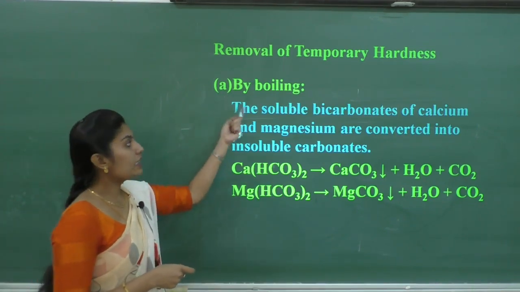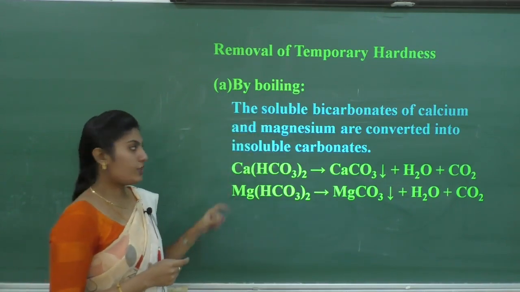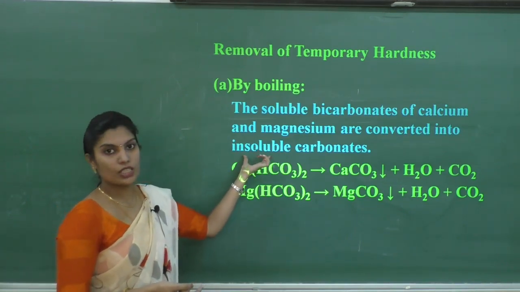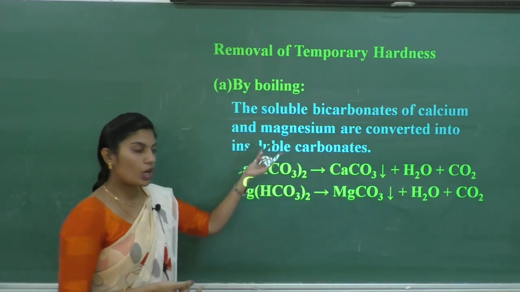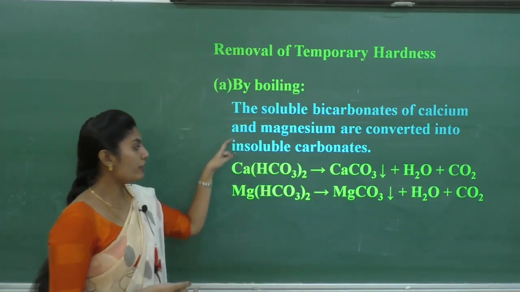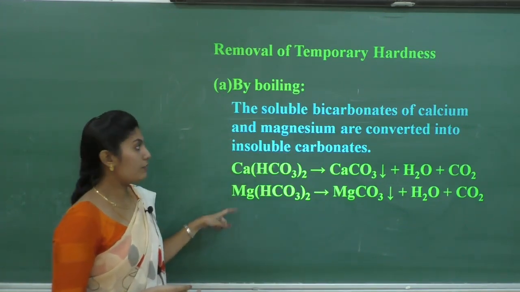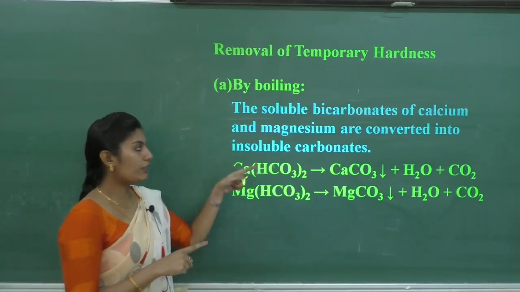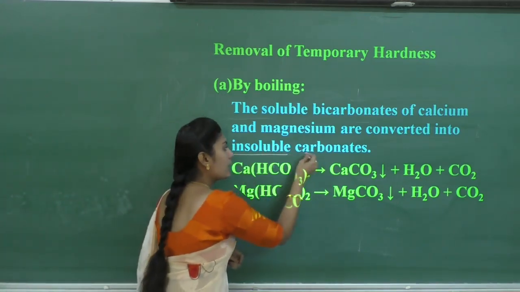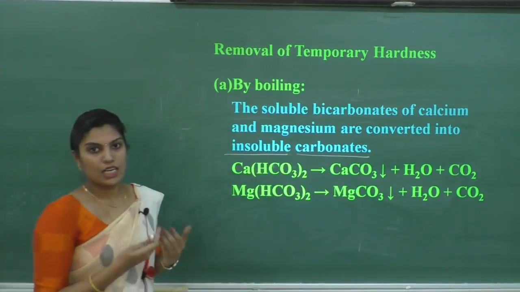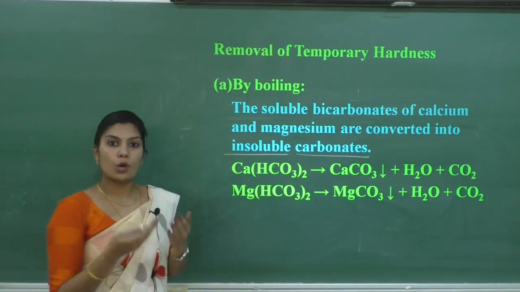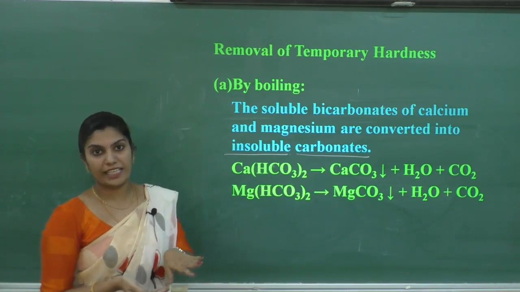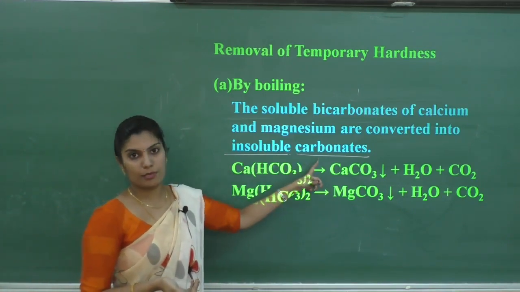By boiling, the soluble bicarbonates of calcium and magnesium are converted into insoluble carbonates. That means by boiling the water, the bicarbonates will precipitate as insoluble carbonates.